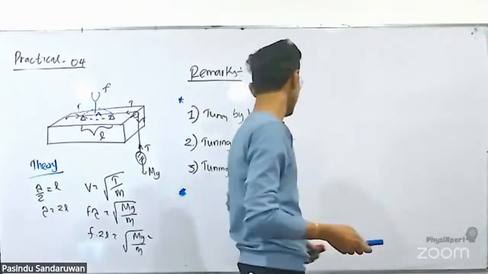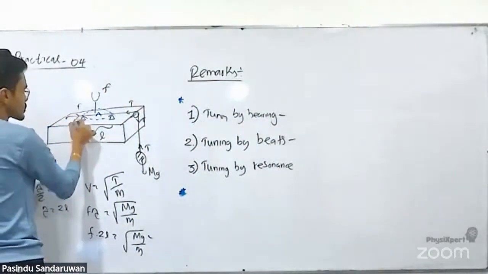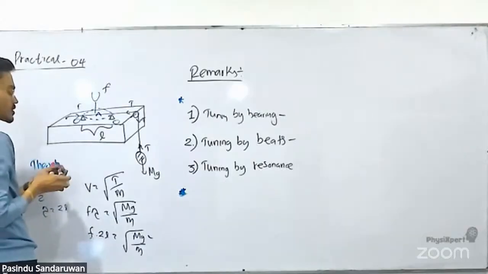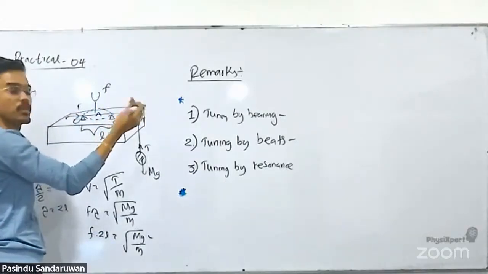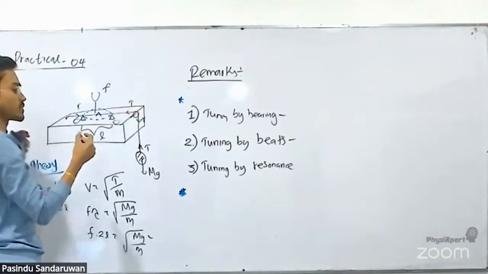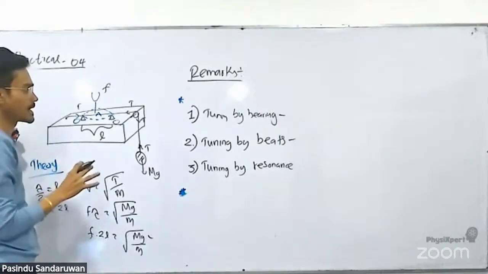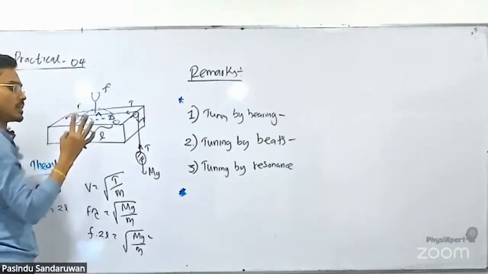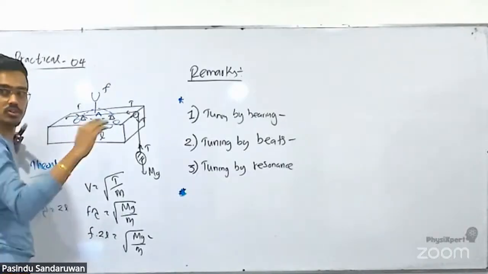Now, when the sonometer wire is vibrated, since it has only a very small area, it is not going to transfer energy that much, and you hear a very low intensity sound from the wire.